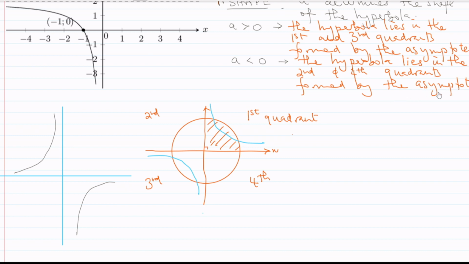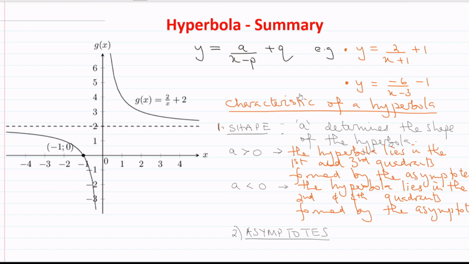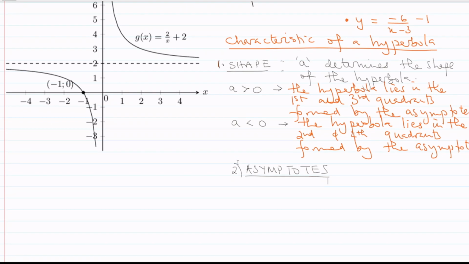What is an asymptote? So you will find that our graph here is special in the way that there are certain straight lines that the graph seems not to cross. Actually, it doesn't cross that line. This is the horizontal one and this is the vertical line.